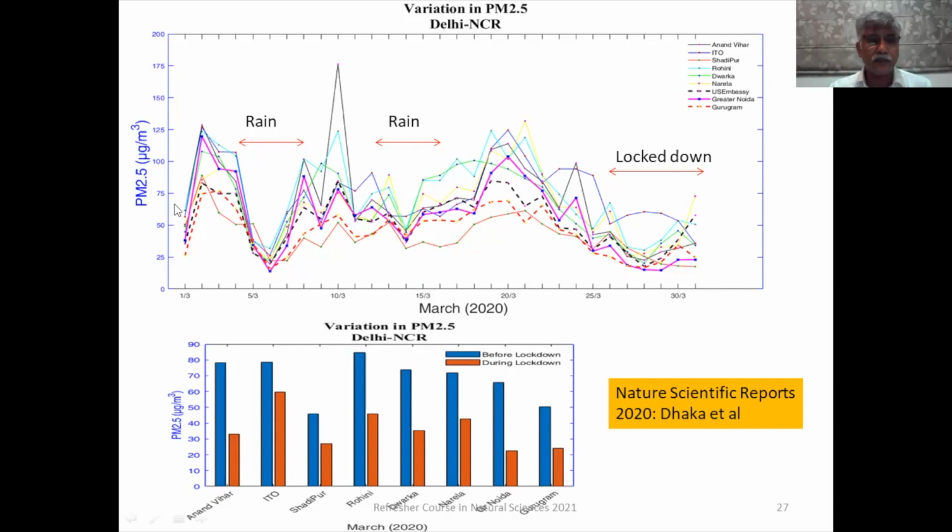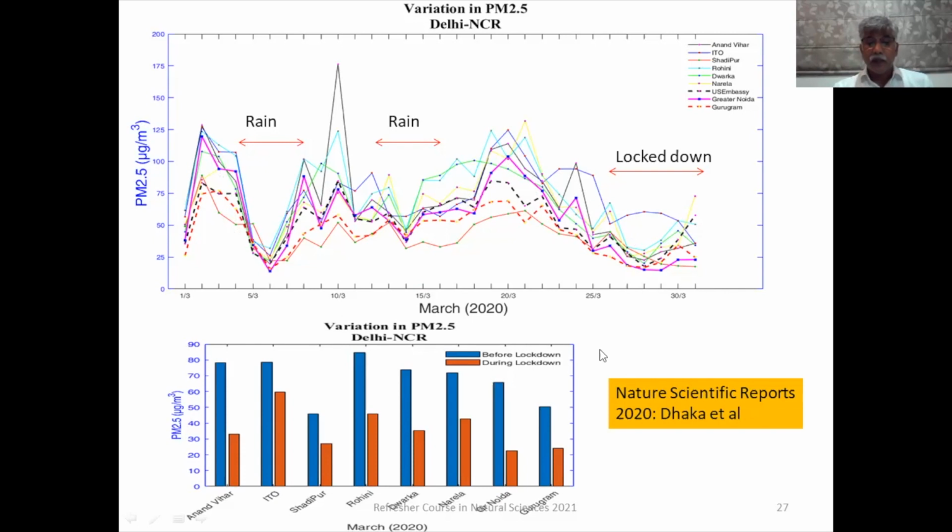Around here it is like 75, but at some stations it is almost double. US Embassy is a kind of medium, because that area is very close to rich areas, and anthropogenic activities are minimum, and that is a kind of representation. If you average everything together, then probably you can understand the mean is something like this around here.